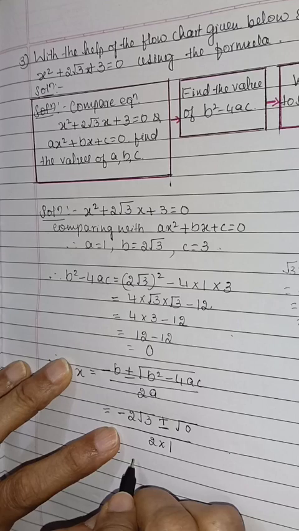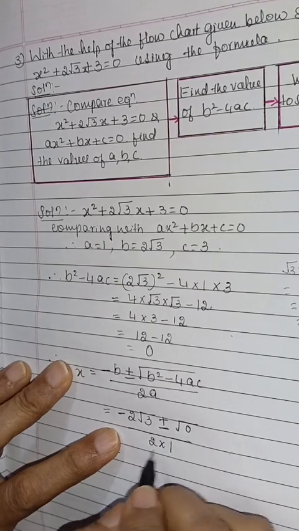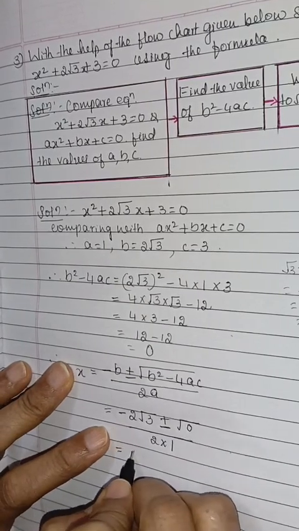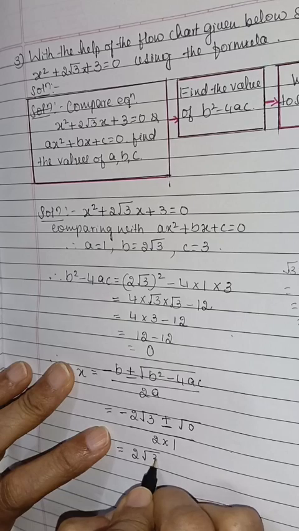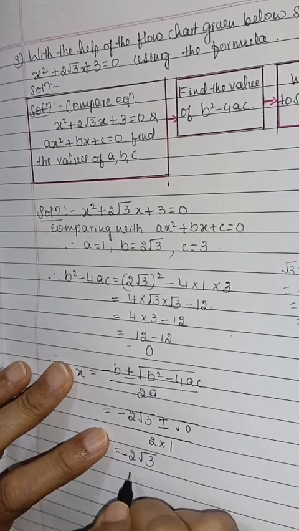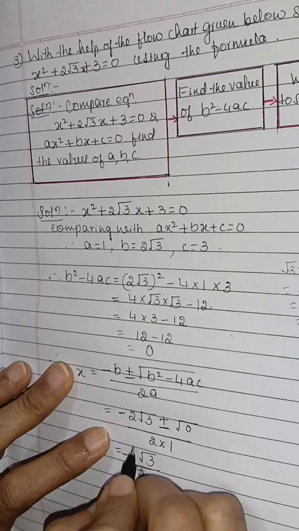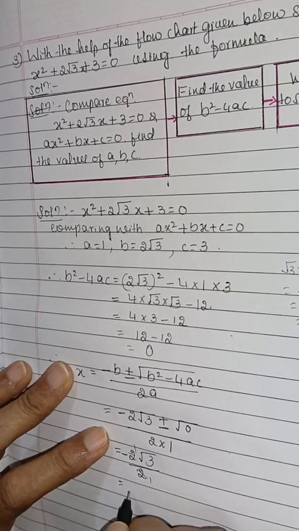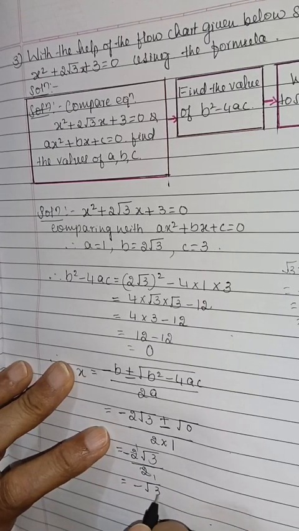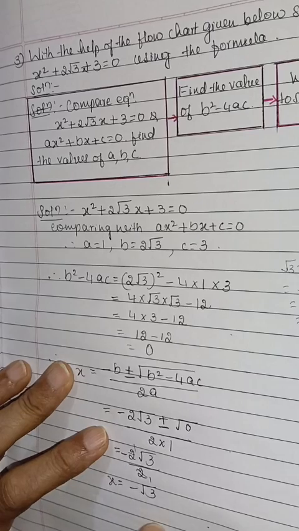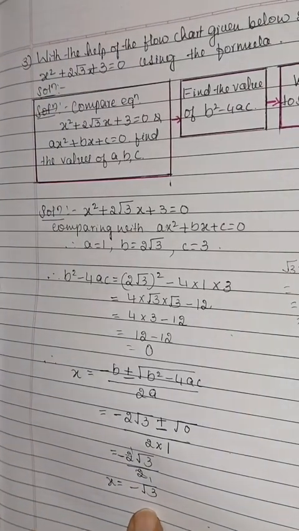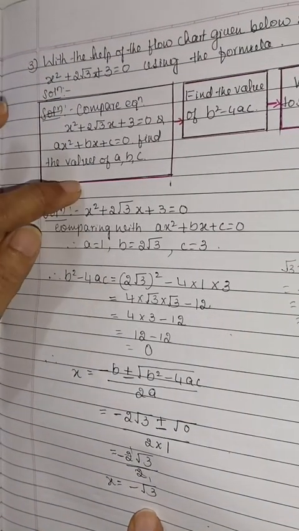Therefore, square root of 0 means what? 0. Therefore, minus 2 root 3 divided by 2. So the 2s are gone. Therefore minus root 3. x is minus root 3. And this is the root of the given quadratic equation.